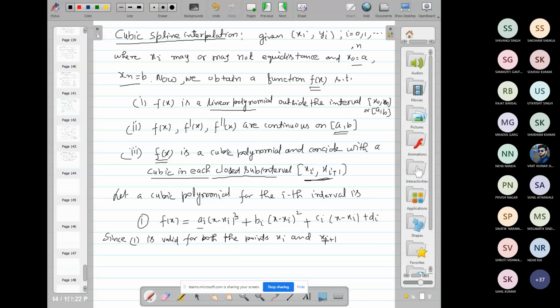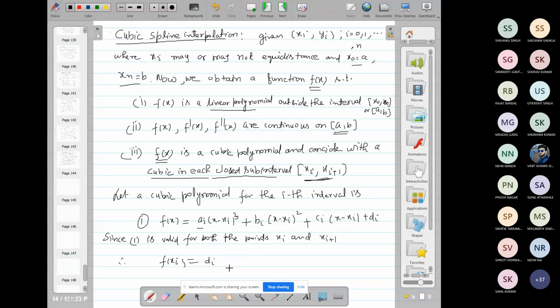Therefore we have f(xi) equal to di, because the coefficients of ai, bi and ci become 0.